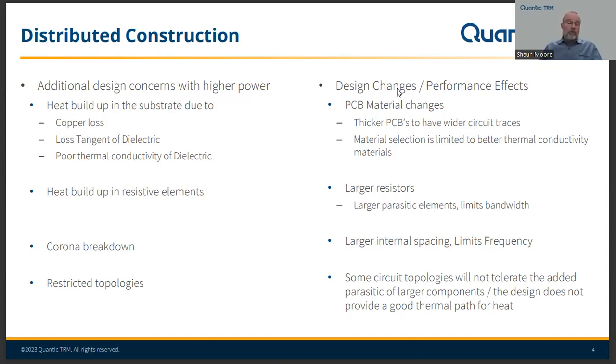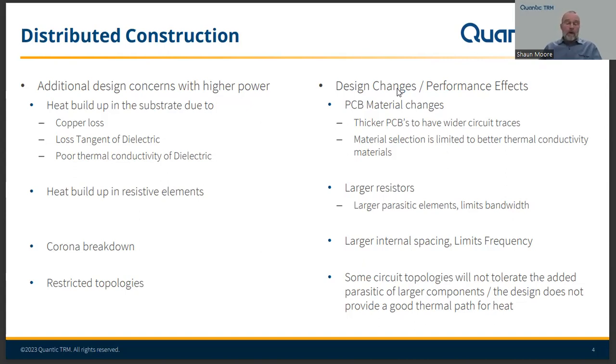As soon as you start going to a larger resistor, or one that has a good heat path to ground, you now have a straight capacitance to ground, which really degrades the performance of the overall Wilkinson power divider.